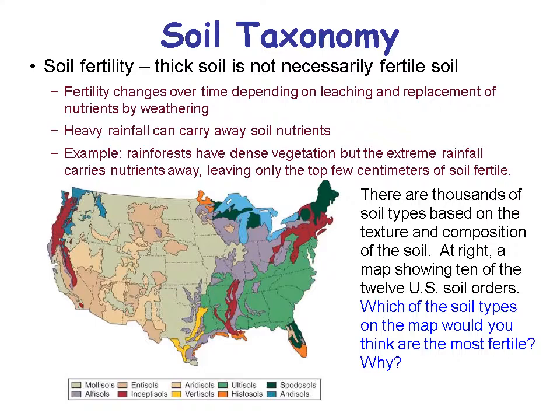Heavy rainfall can carry away nutrients, and it's something you get in a rainforest. As soon as a rainforest is cut down to, say, plant farms, you're going to get really good soil for a year or two, and then the heavy rainfall will leach out the nutrients from that soil, and it will just be awful.